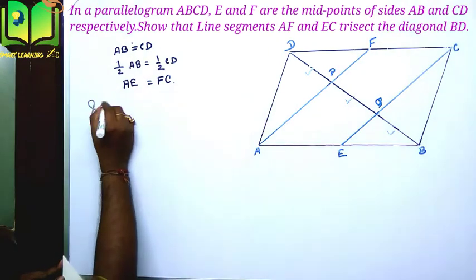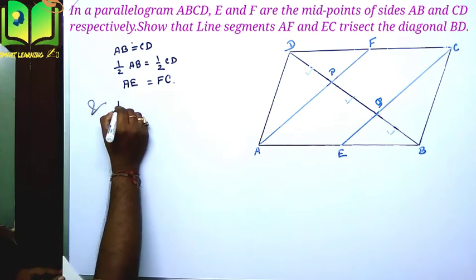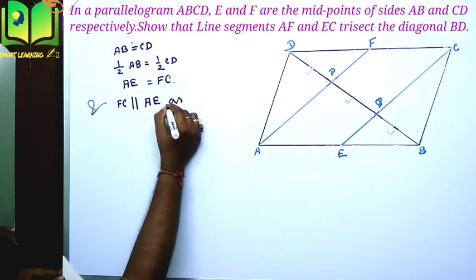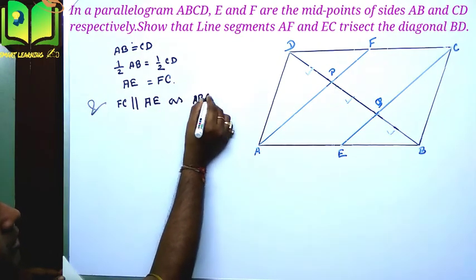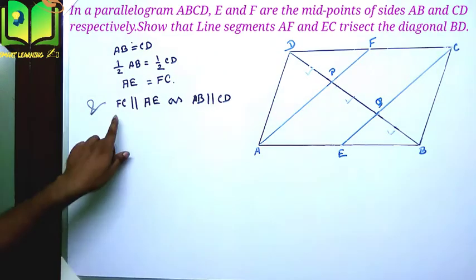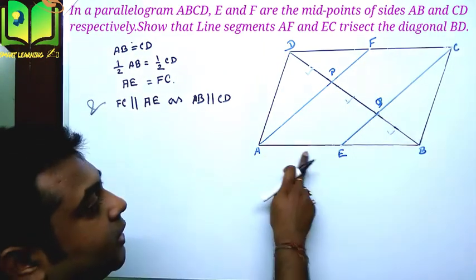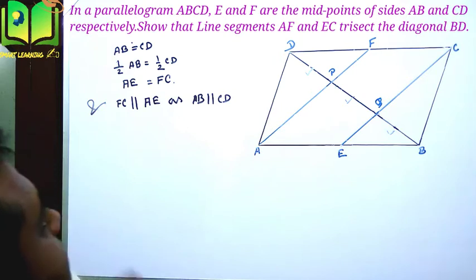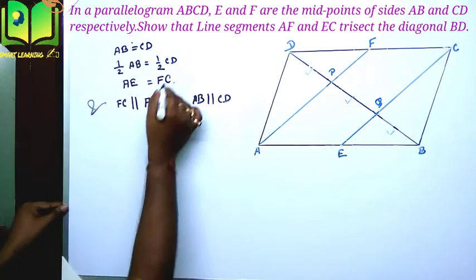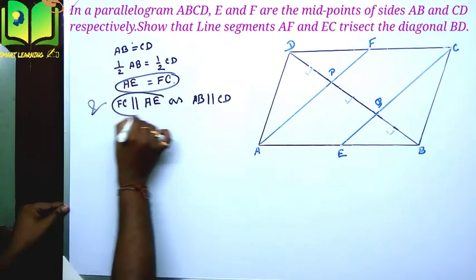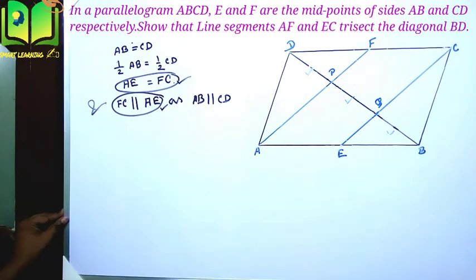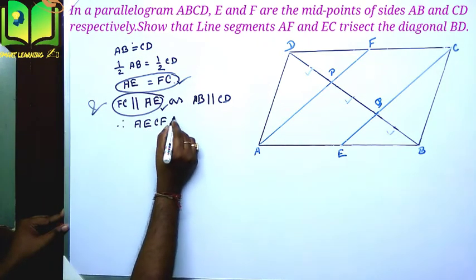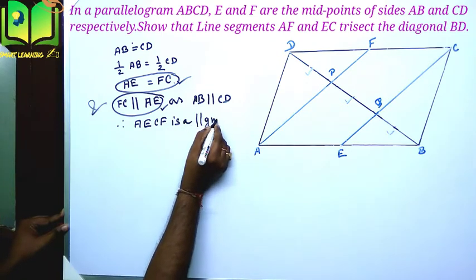And what else can we say? FC is also parallel to AE, as AB is parallel to CD. This line is parallel to AE. Why? Because AB is parallel to CD. So already we have these two conditions. From these two conditions we can say, therefore, AECF is a parallelogram.